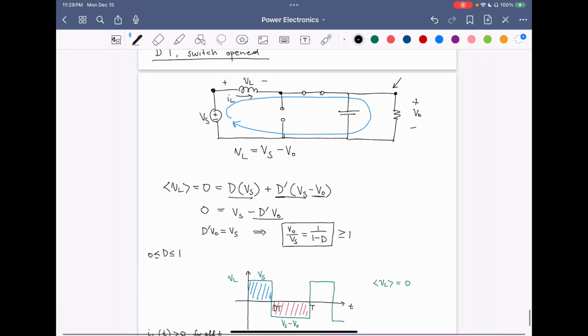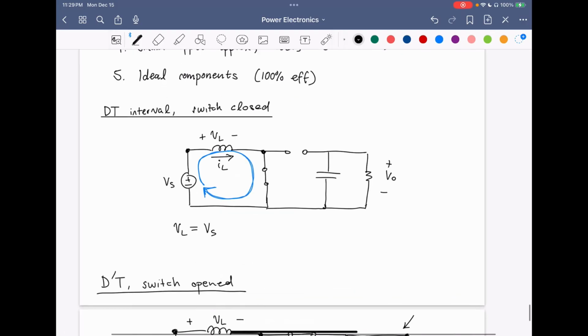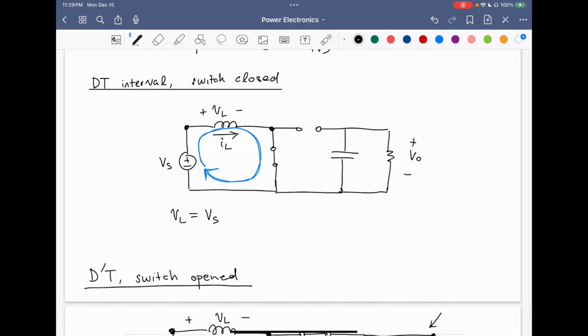So we had found here during the dT interval that the inductor voltage is a constant Vs. So in this case, the inductor characteristic equation is vL equals L diL/dt, and this equals a constant value of Vs. So in this interval, the inductor current iL is increasing linearly because we have a constant voltage across it.